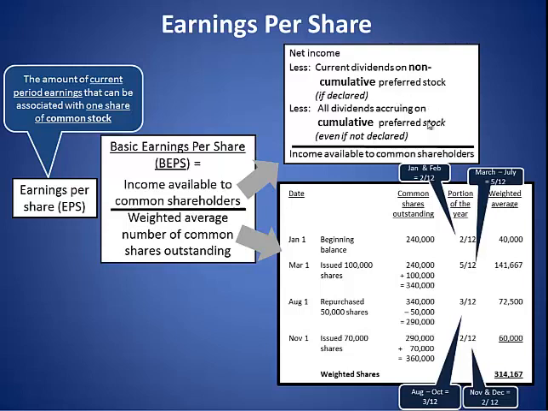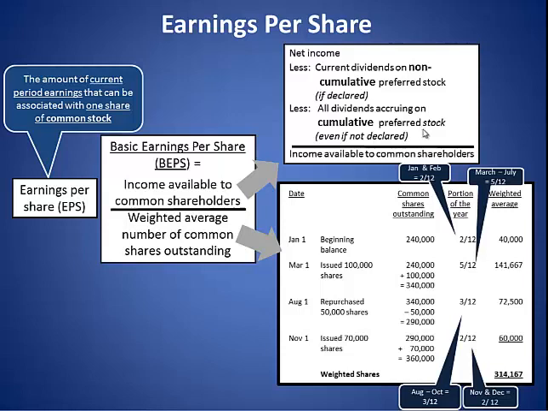Now there's another type of preferred stock, and it's called cumulative preferred stock. In this particular case, cumulative preferred stock means that even if the board of directors doesn't declare a dividend in that current year, the amount of dividends attributable to the cumulative preferred stock will in effect accrue as a liability against the company.